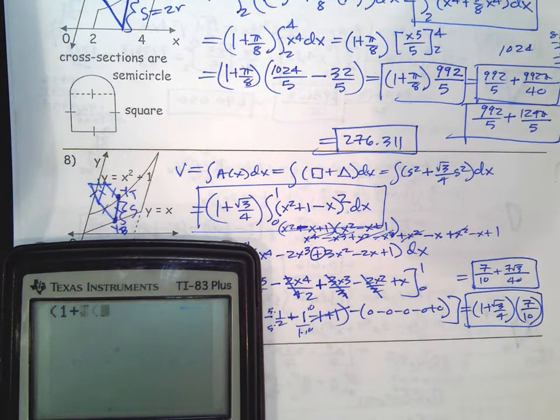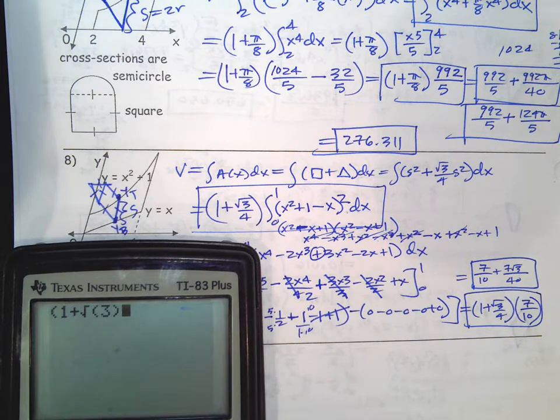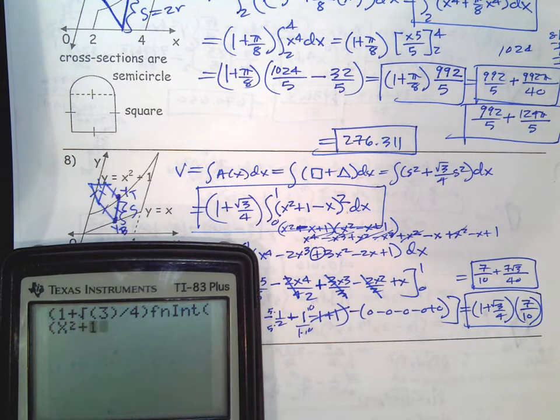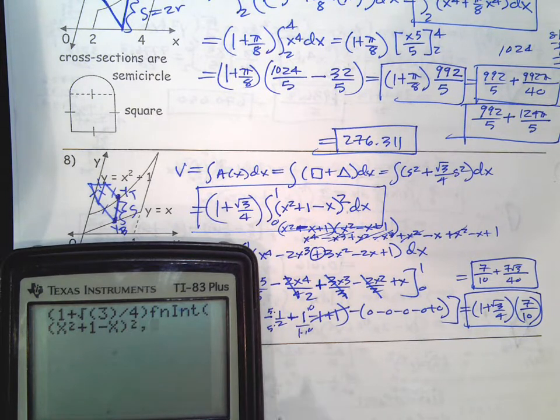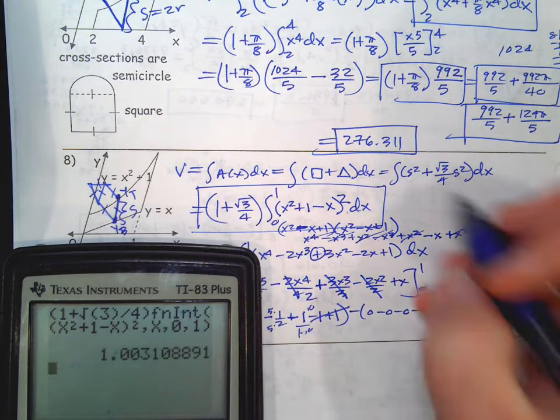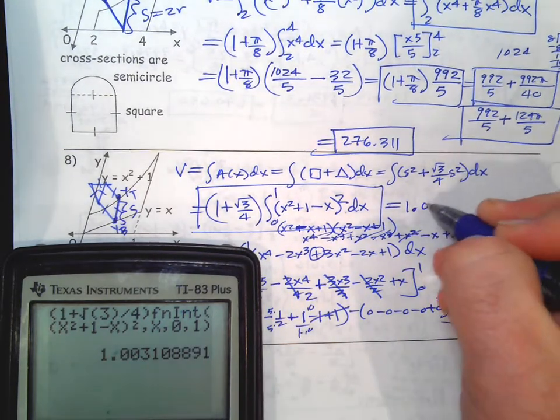So we put parentheses around all that, and then we do math 9, parentheses x squared plus 1 minus x close squared, comma x comma 0 comma 1, and we get 1.003.